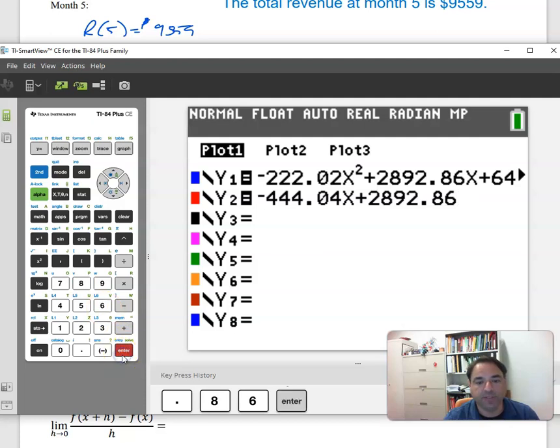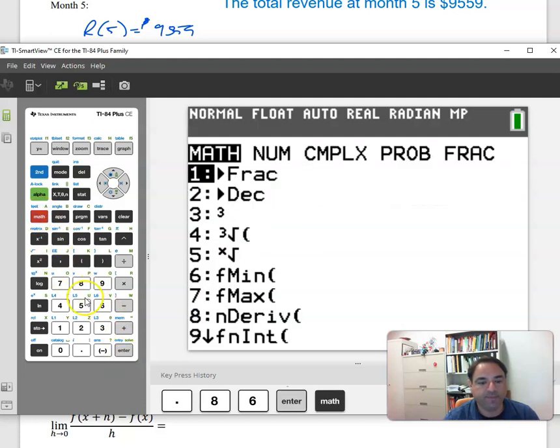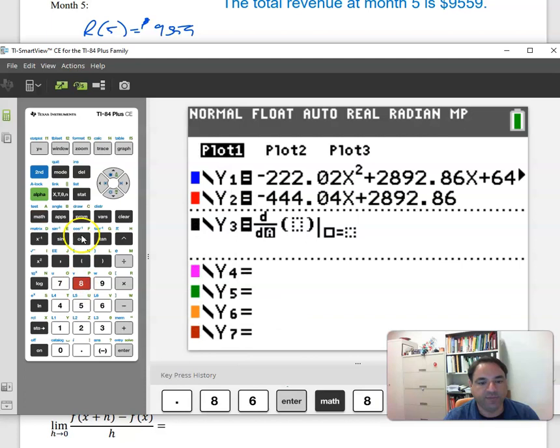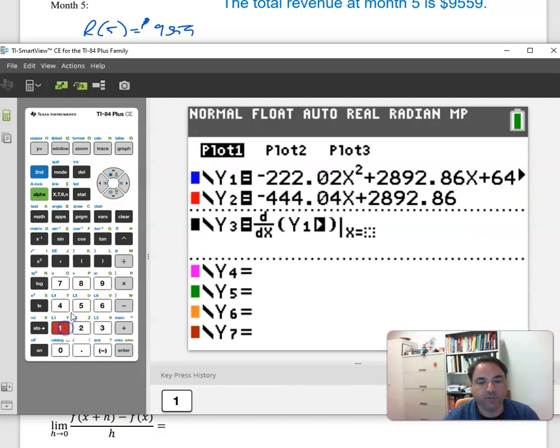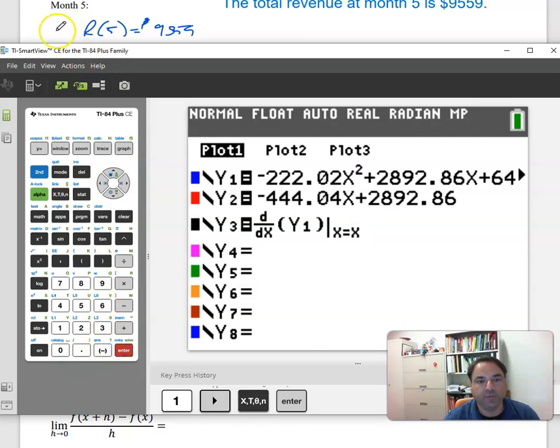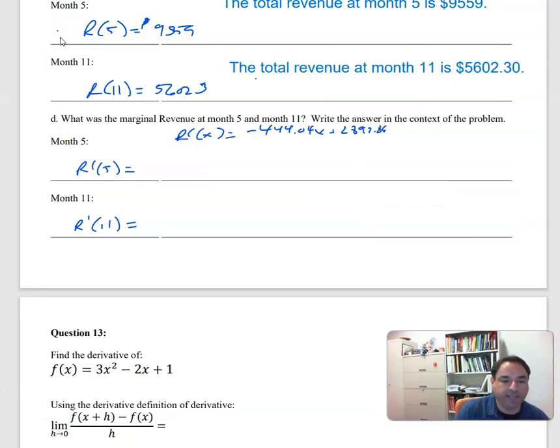And to check it, in y3, we're going to do that math. 8 for derivative, we're going to put x, vars to the right for y vars, 1 for function, 1 y1, x. Again, if you have the other form of the calculator, that would be nDeriv y1 comma x comma x.